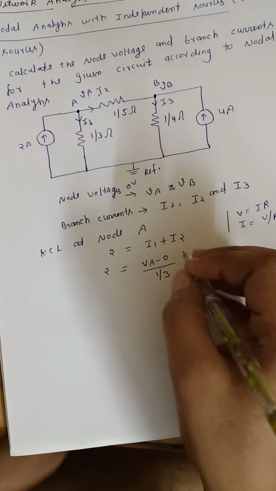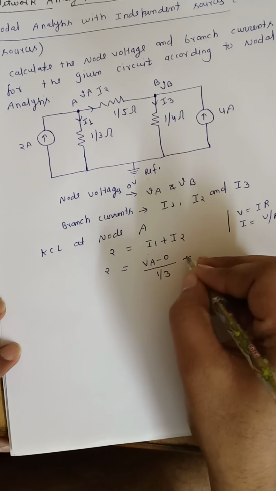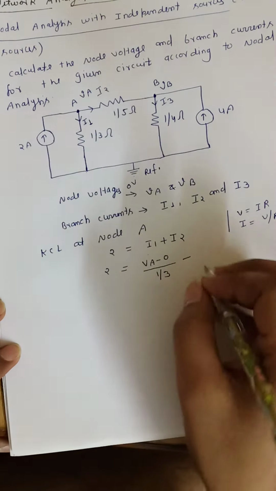Similarly, we can define I2. It is the current in the 1/5 ohm resistor.